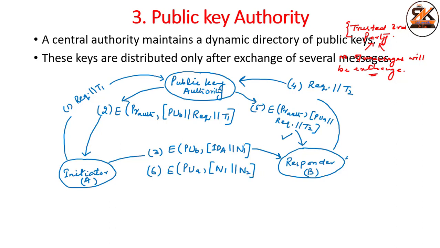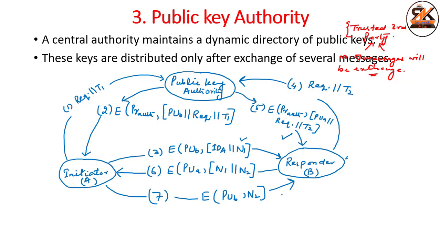Nonce 1 is the nonce which was sent by Alice, and it confirms that this is the current message and not a replay attack, so it is going to be received by Alice. In response to that, Alice will send a final message, message number 7, to Bob. This message is in encrypted form, encrypted with the public key of Bob, and it will have nonce 2 to show that message contents are not modified.